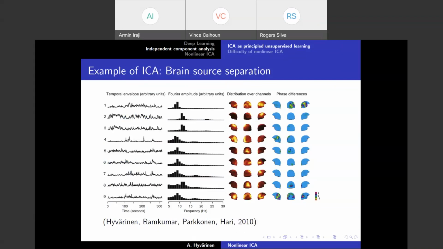Here are the 9 most stable sources, some of which correspond to meaningful, well-known sources like visual sources or Rolandic sources, and some of which are a bit less known. I think that's the ideal case. We get some known sources, so we know that the method is doing something meaningful, but then we also get something completely new, which prompts new experimental research.